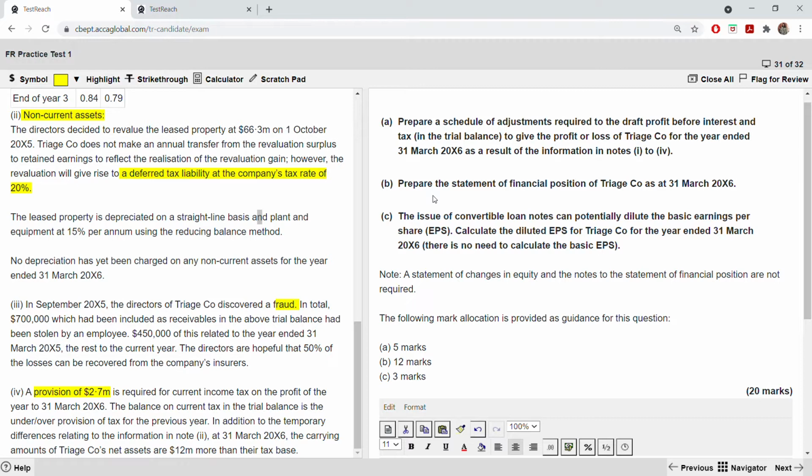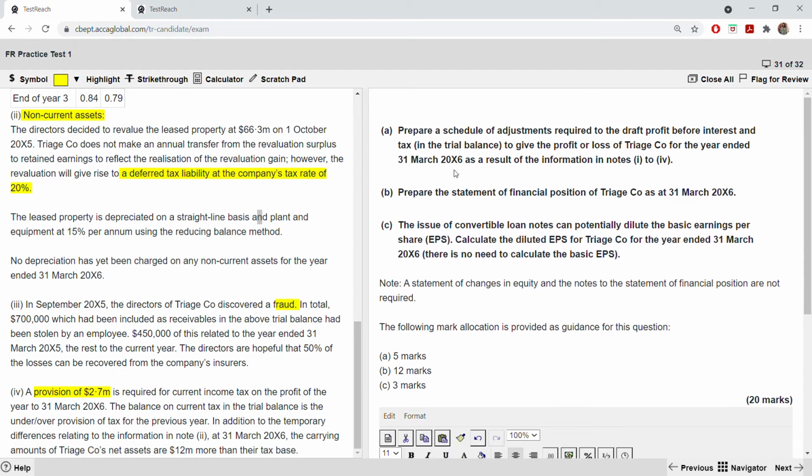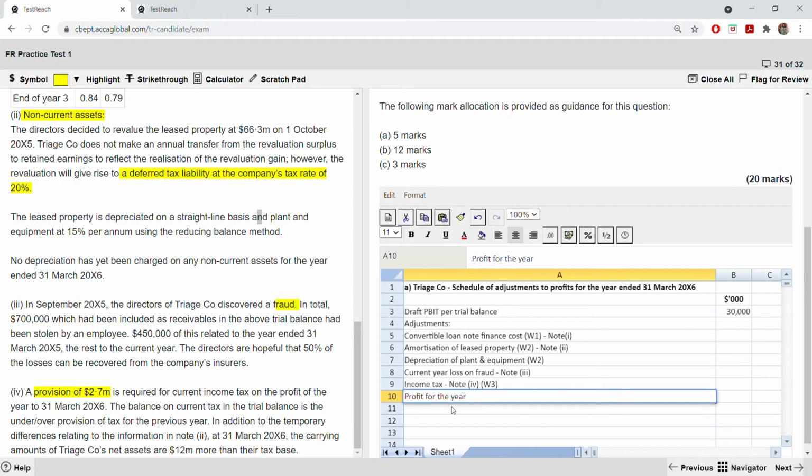So if you want, we could do that. We also can show because it's the same question only. So we can even start part B after profit for the year.